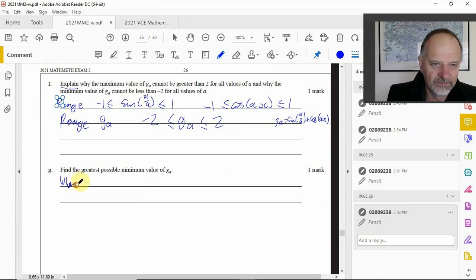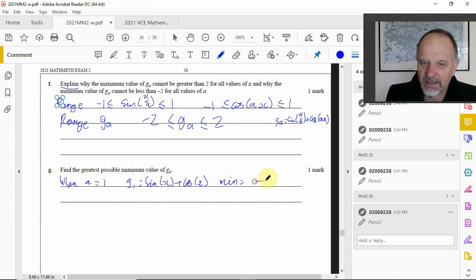So when A is equal to 1, G of 1 is sine x plus cos x, and you find your minimum is negative 1.414. When A is 2, G of 2 would be sine 2x plus cos 2x, and the minimum of that, we did that one before, is negative 1.722.